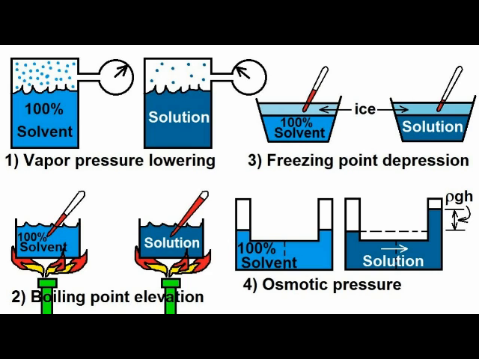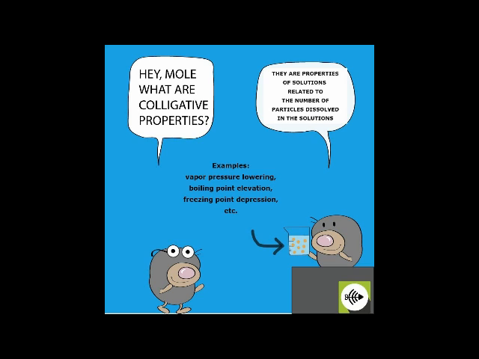Based on all four colligative property formulas, we have to write the derivation for the determination of molecular mass of the solute. And let us recollect all now. What is a colligative property?